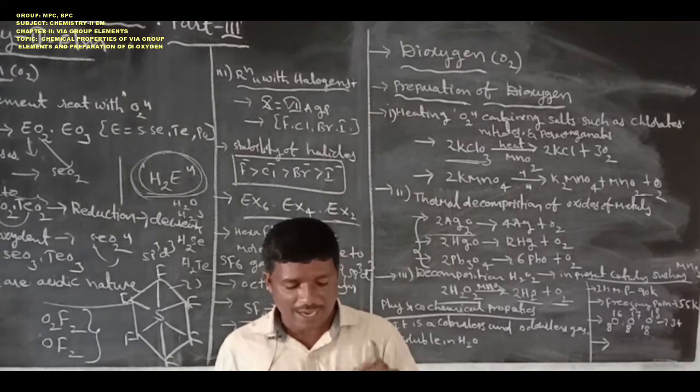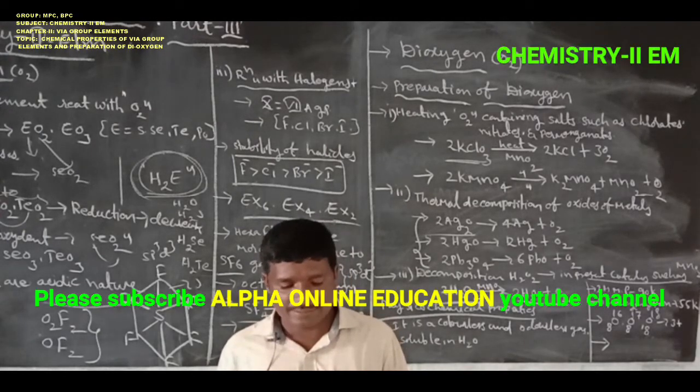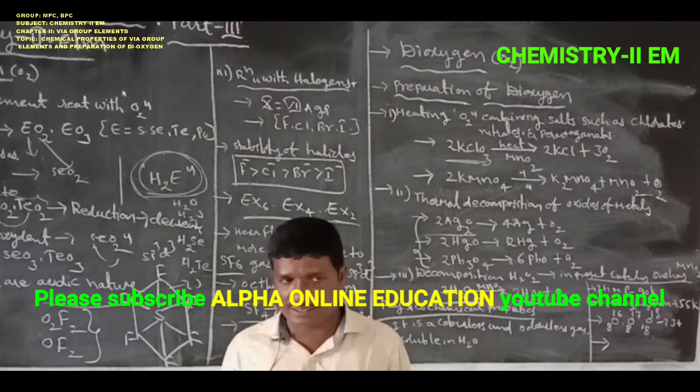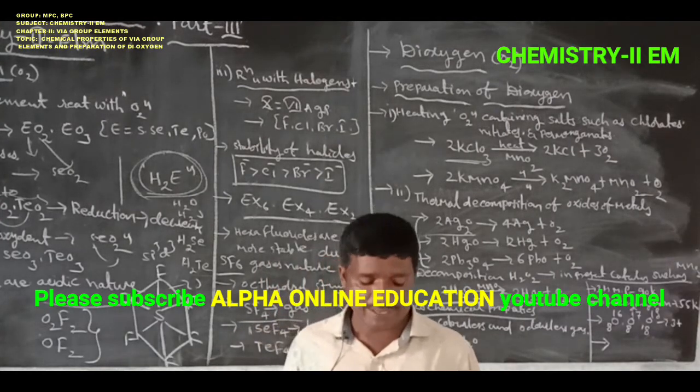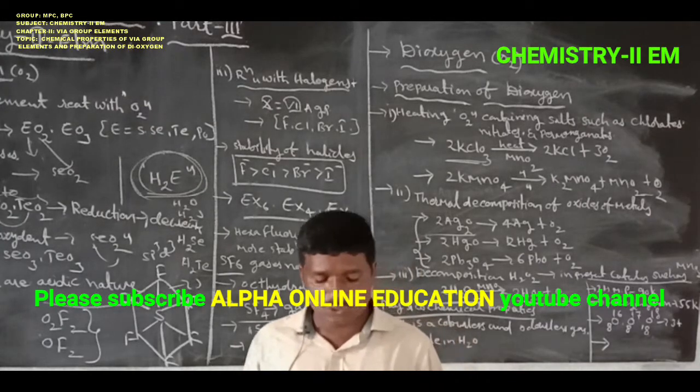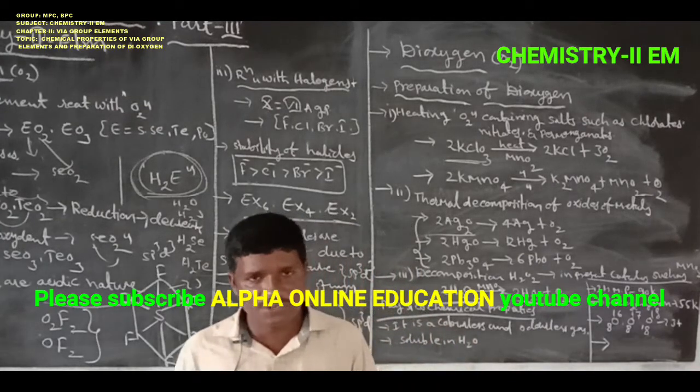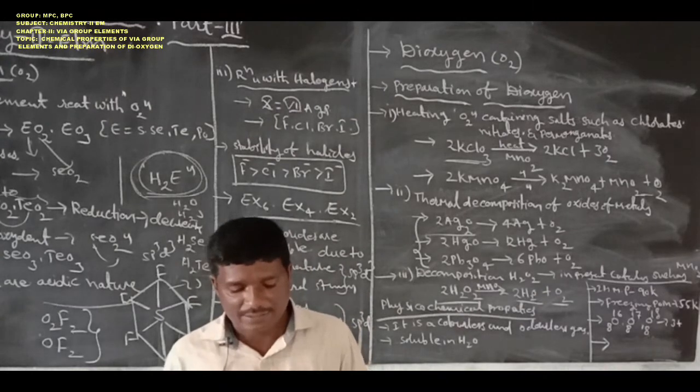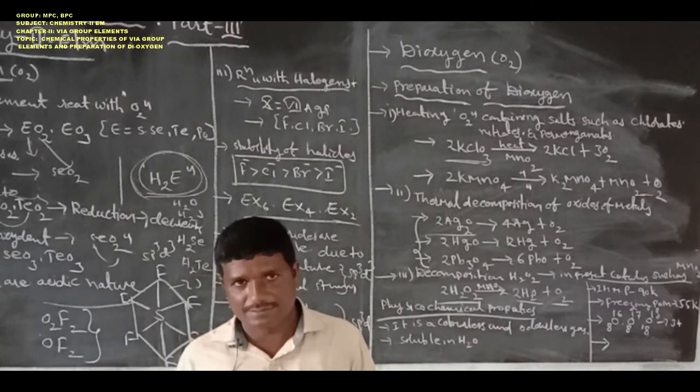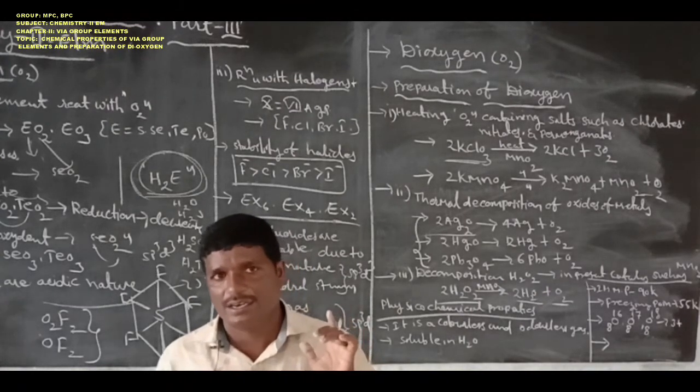Hospitals, high-altitude flying and mountaineering require oxygen cylinders. It is also used in the combustion of fuels such as hydrogen. Those are the uses of oxygen.